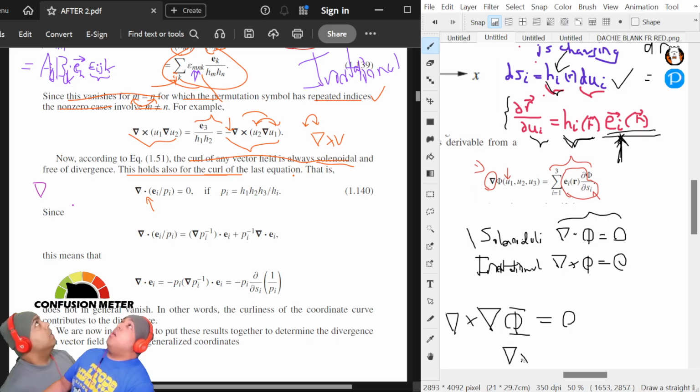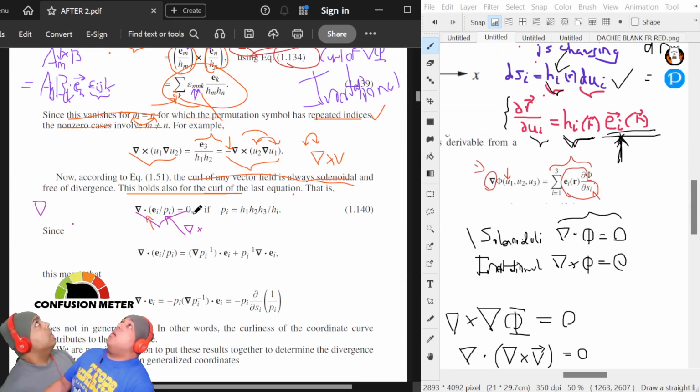Curl of a vector field is solenoidal, which means if you find the divergence of it, it is zero. So the point they're trying to make here is that this thing here is this cross a vector field.